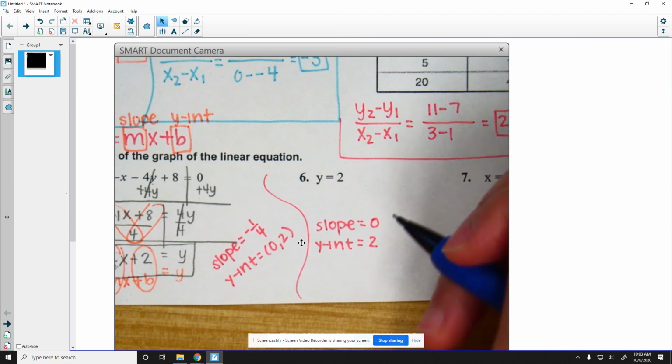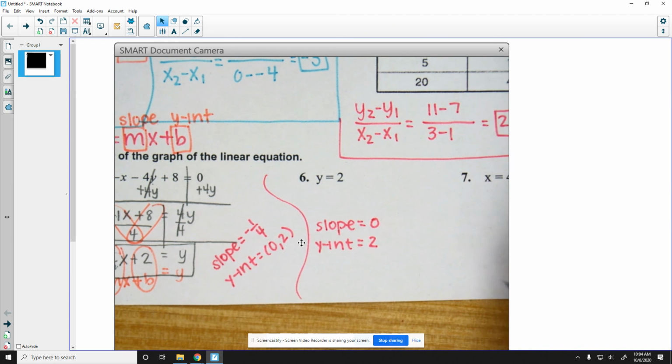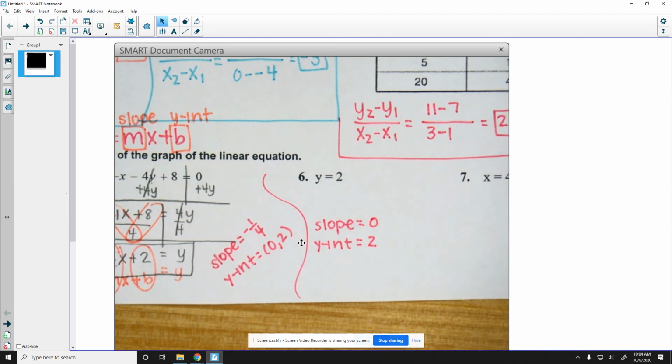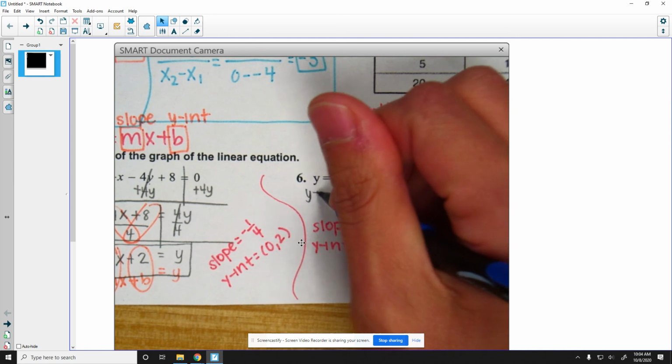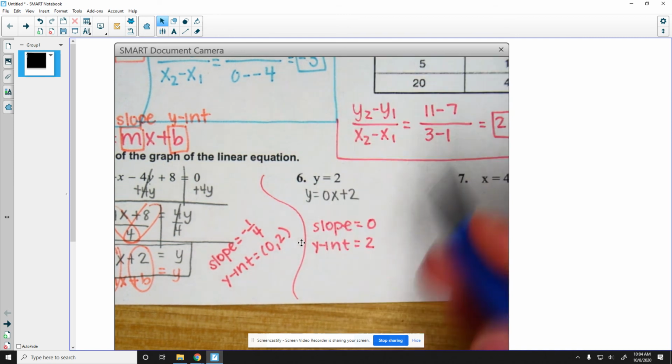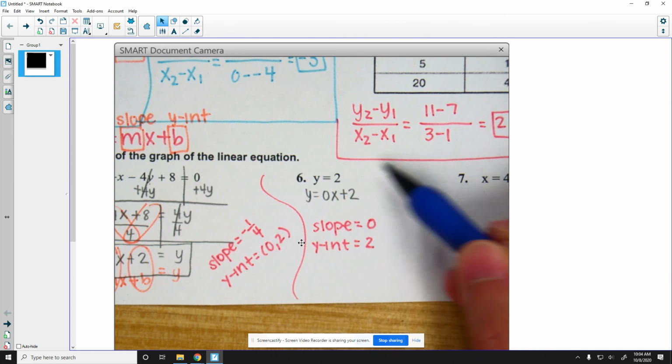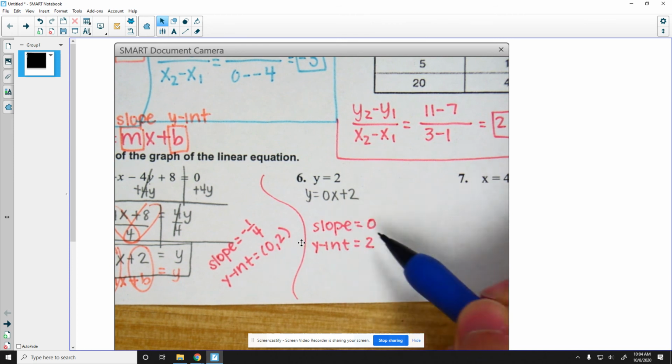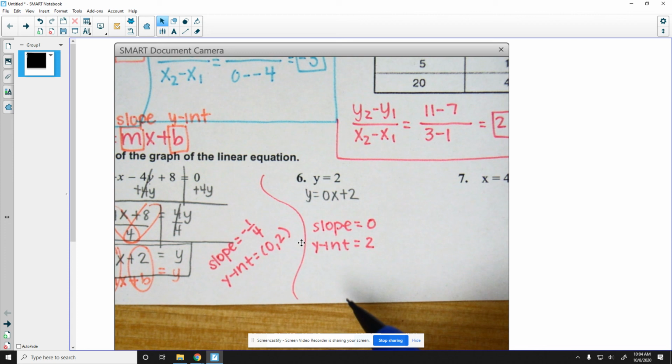So why don't I write it in y equals mx plus b form? Can't I technically say that y equals 2 is the same thing as saying y equals 0x plus 2? Because I don't see any x's here. Then I can say, here's the slope, here's the y-intercept, okay?